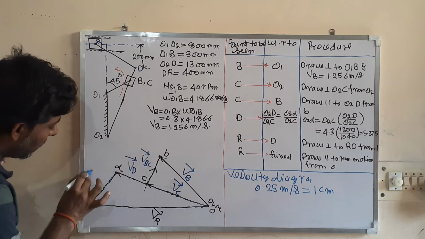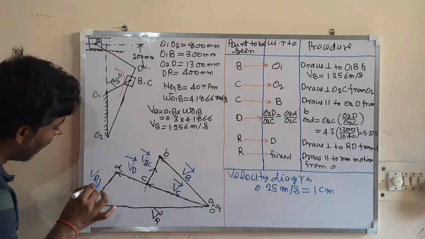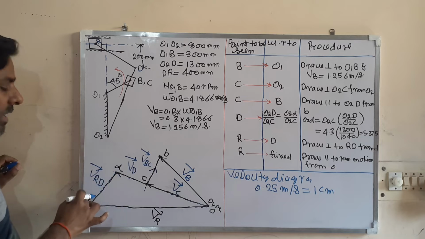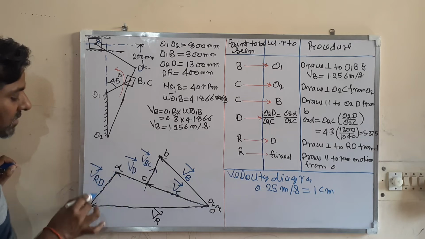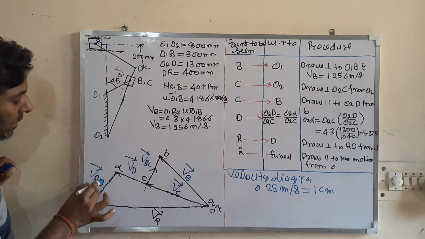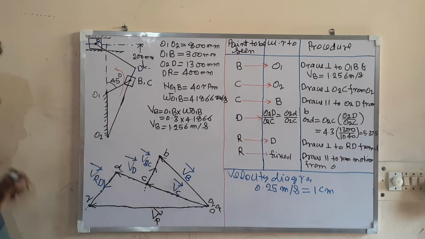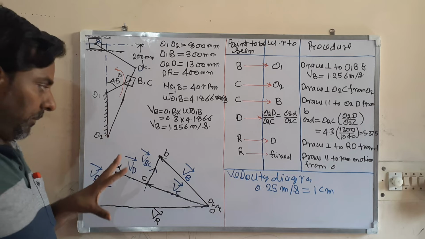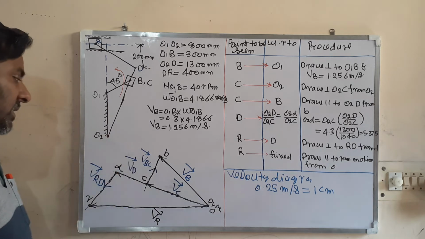This is the velocity of ram R with respect to D. This is rd, so the velocity of the ram with respect to D, its direction will be from D to R. So I think this is very clear. You can draw the velocity diagram.